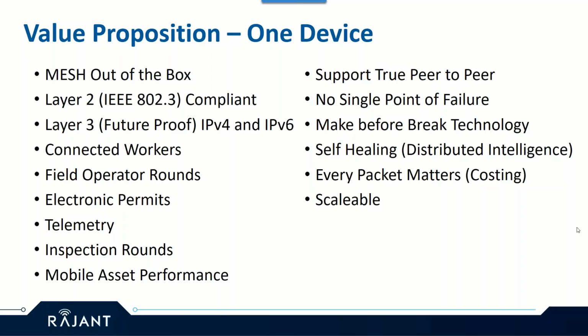In order to increase the value proposition, you need to have the ability to have devices that work both in a layer 2 and a layer 3 environment. The reason for that, it simplifies the installation.